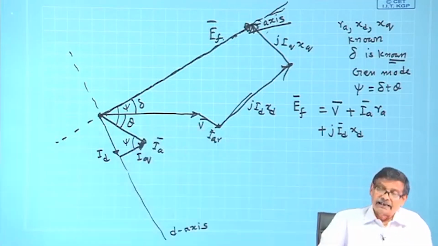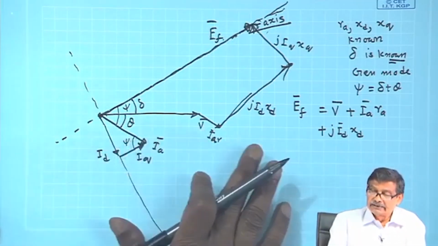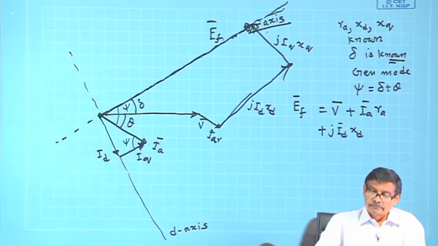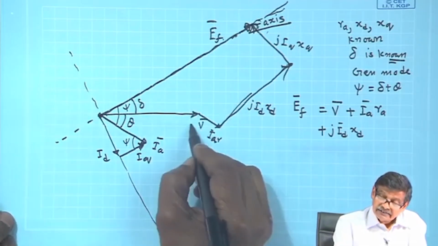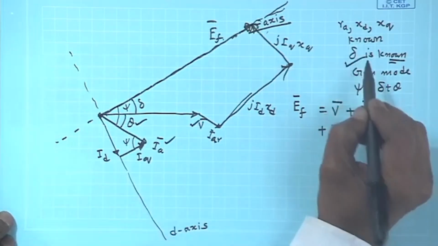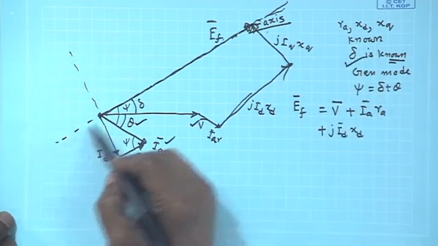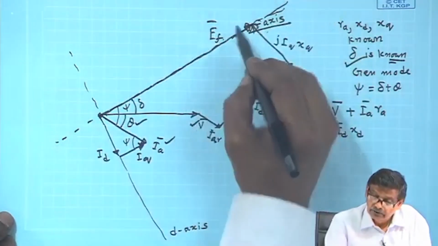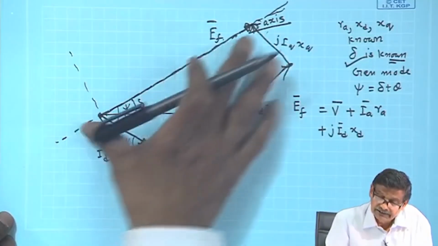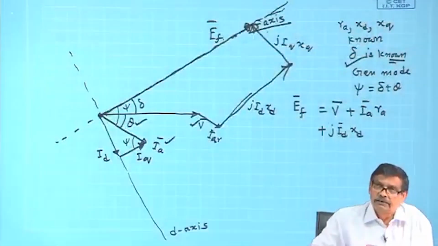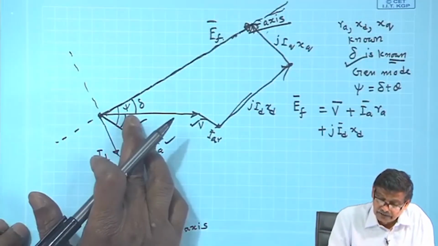So, in this phasor diagram everything is numbers now. Why? I started with V, I a and theta, then I calculated delta, then I drew the q axis line. Still I did not know where the E f will be, this much, that much, I did not know, but q axis was drawn properly.